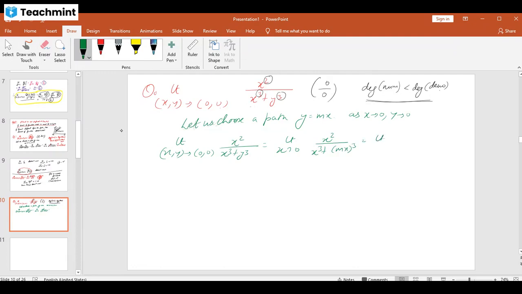Here x cube is common, and we have 1 plus m cube.